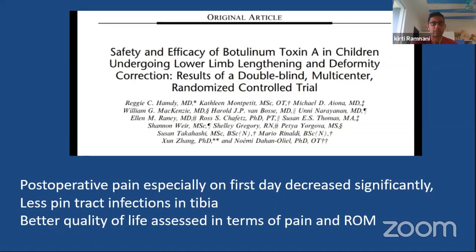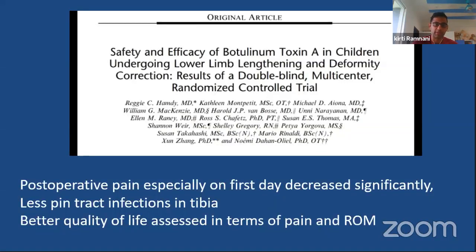They found that pain on the first post-op day decreased significantly, although there was no difference in pain in the later post-op periods. But there were far fewer pin tract infections in the tibia, and the patients reported a better quality of life, assessed in terms of pain as well as range of motion. So patients were much more comfortable in the group in which Botox was used.